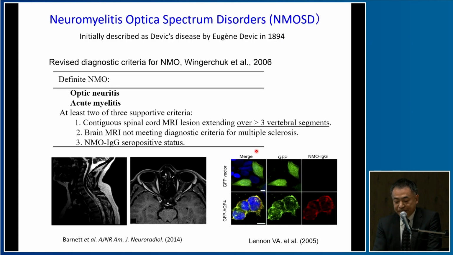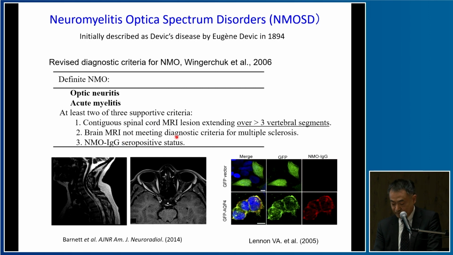Neuromyelitis optica was initially described as Devic's disease by Devic, a French neurologist, almost 100 years ago. Initially we thought this was a subtype of multiple sclerosis. But in 2006, revised diagnostic criteria were shown, defining NMO by optic neuritis and acute myelitis, and at least two of three supportive criteria.